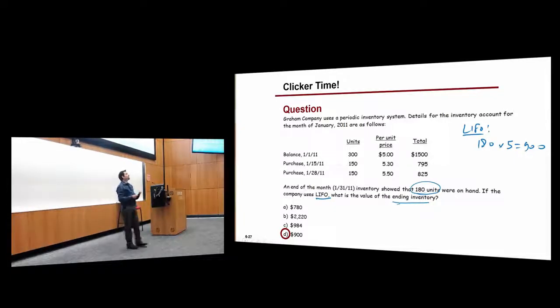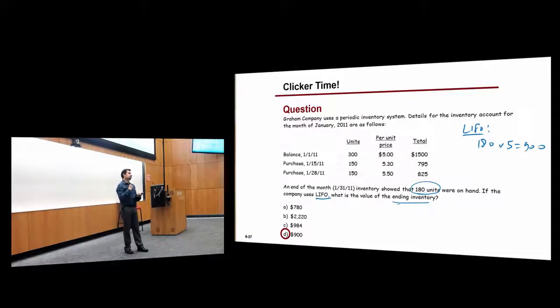If we were to calculate it under FIFO, how would you do that? Under FIFO. Perfect. Exactly.